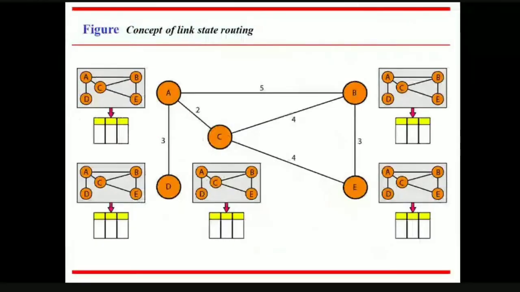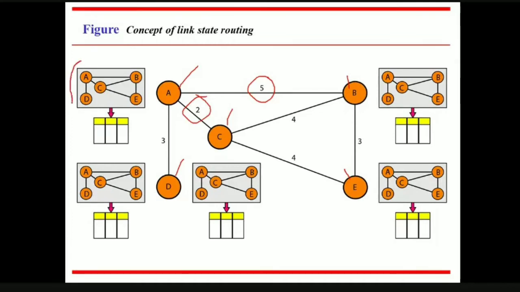Now, here we have node A, node B, C, D, and E. Every node is connected to some other node with some metric, some cost, right? A is connected to B, C, and D. B is connected to A, C, and E. C is connected to A, B, E, and so on.